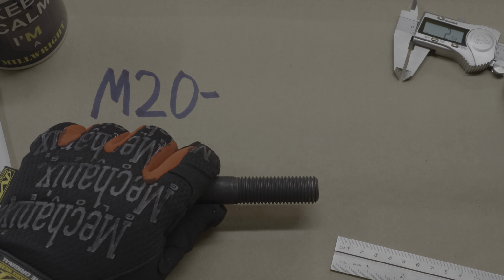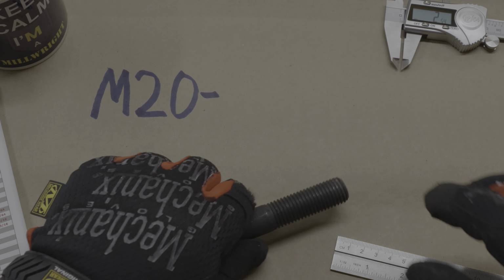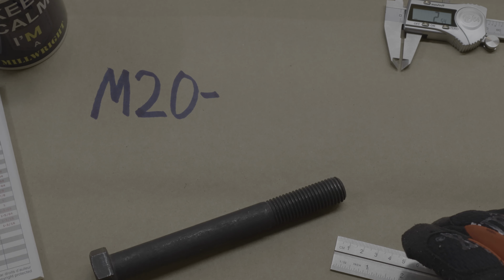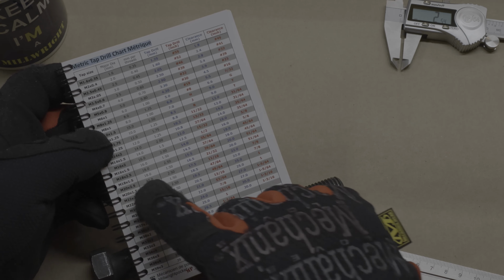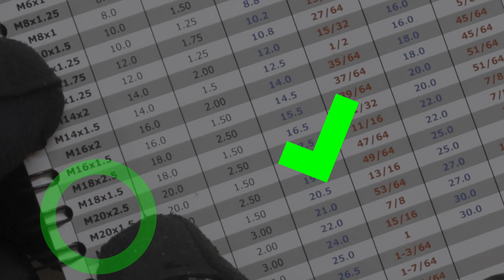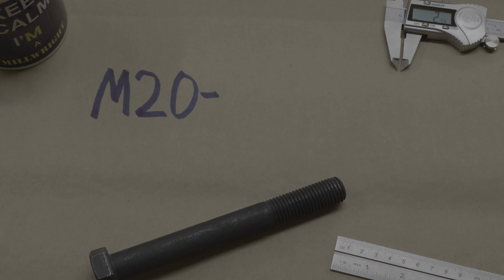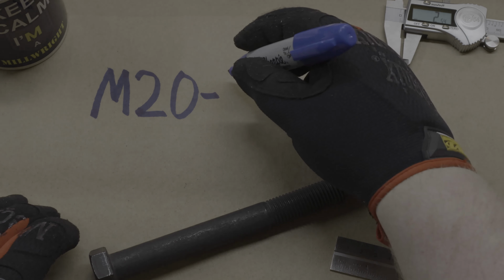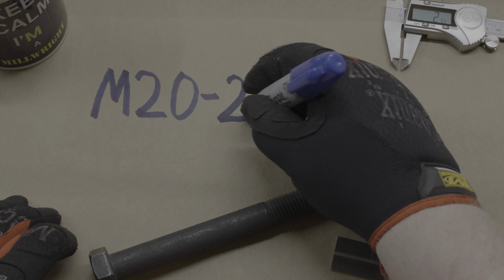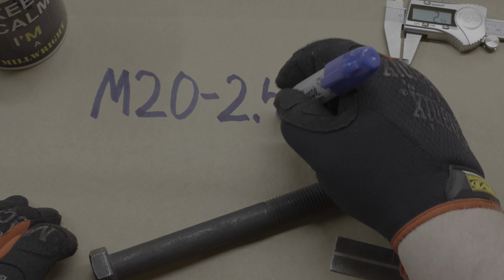We will see if it's in the chart. So we can see here M20 by 2.5. So 2.5 millimeters for a pitch is possible. We write this down.